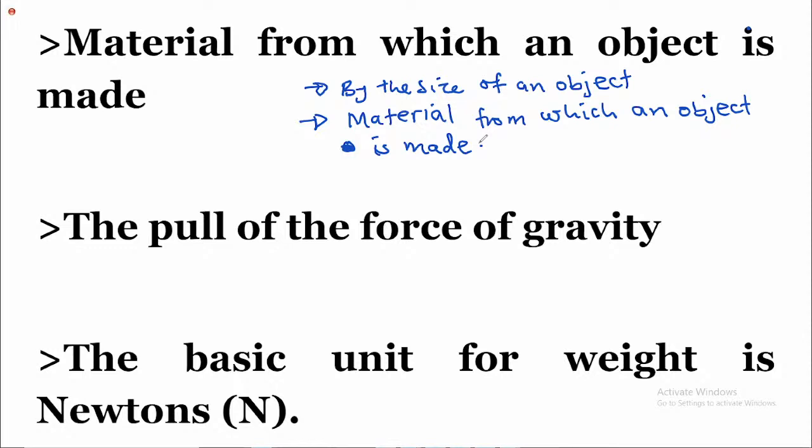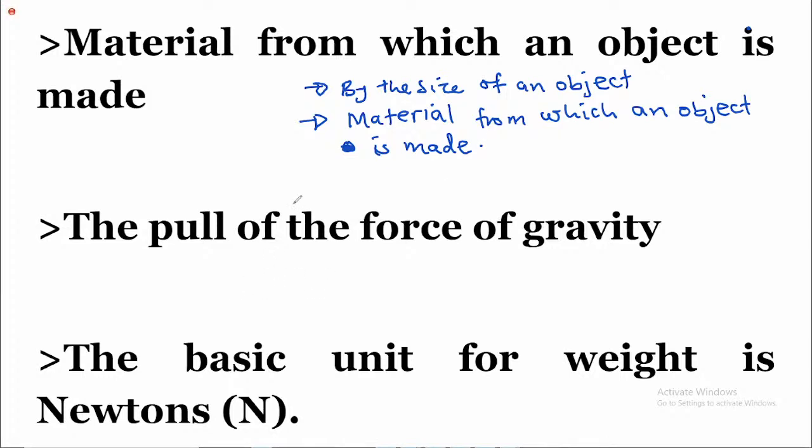If I make a radio from wool and a radio from metal, you'll find that the metallic radio will be heavier than the woolen radio. So the material from which you make something determines its weight.